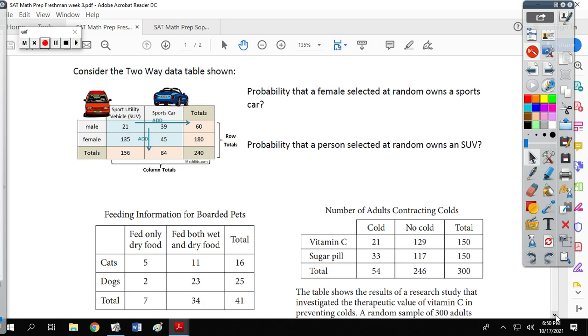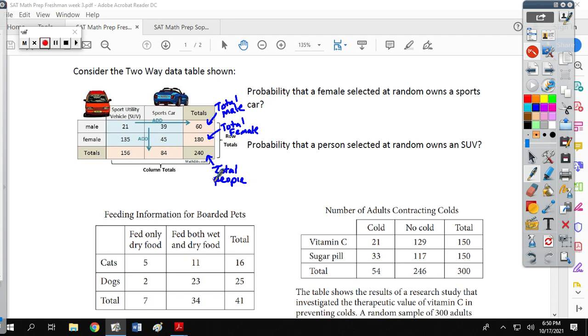And if you look, the totals are listed at the end of each row and at the bottom of each column, which means what we're seeing here is that there are 60 total males, that there are 180 total females, and there are a total of 240 people in this survey.